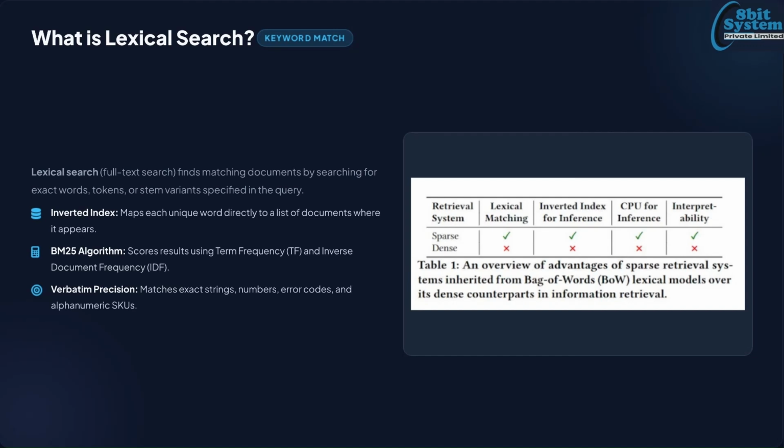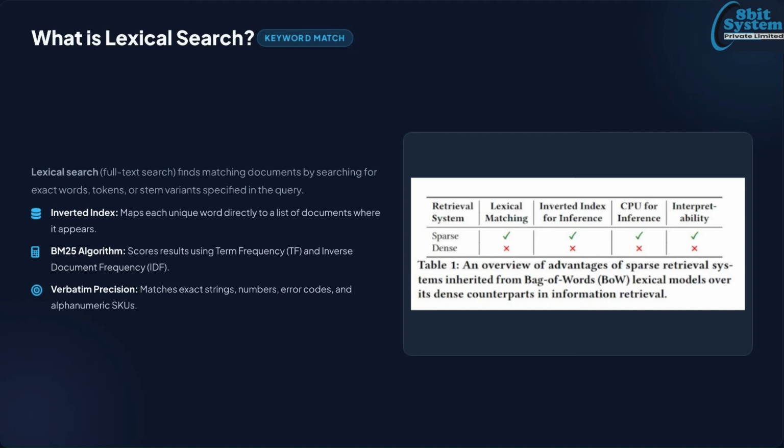Elasticsearch follows the same idea. Instead of scanning every document whenever someone performs a search, it directly checks the inverted index to identify which documents contain the requested words. This makes searches extremely fast even when millions of documents are stored.